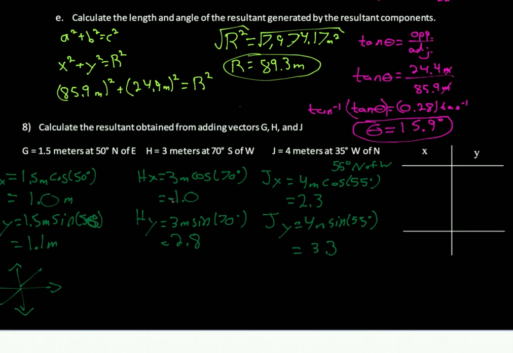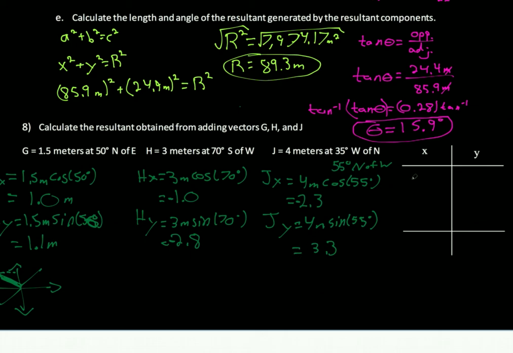So both of these are negative components. West of north, or north of west, depending on which way I want to look at it: vertically I'm good, so my y component is positive, but my x component is negative because I have to go over this way.